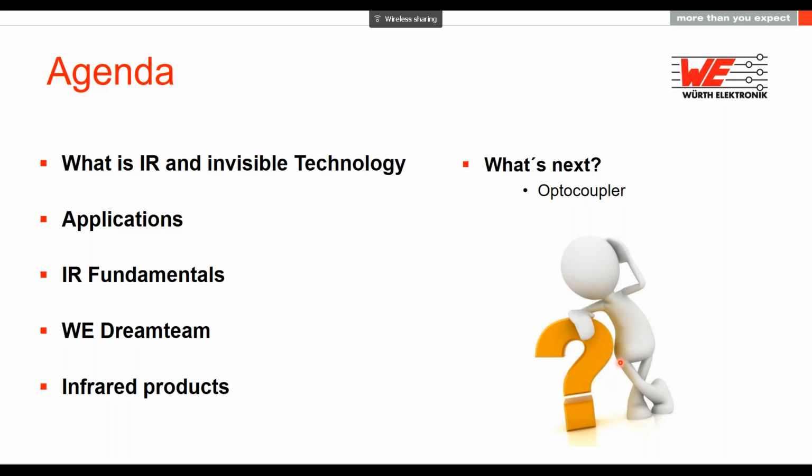Then we will go on with some information about the different applications, what you cannot do, and the drawbacks and main issues. And we will continue with some fundamentals, present our Würth Elektronik infrared dream team and our products, and give you some insider information on the next products that you can expect from us.